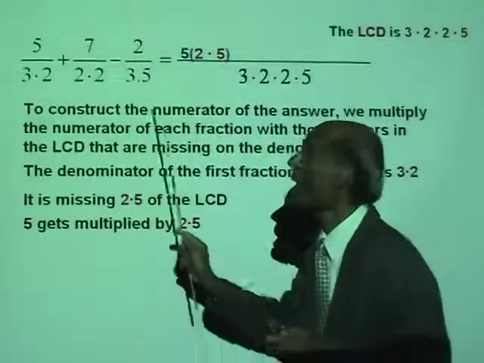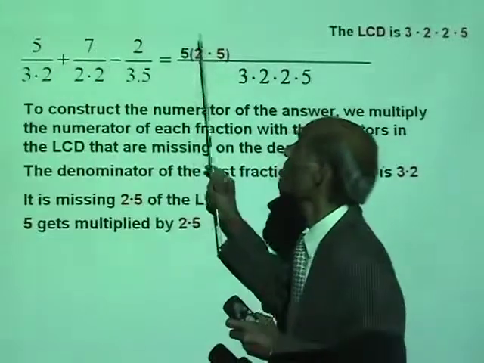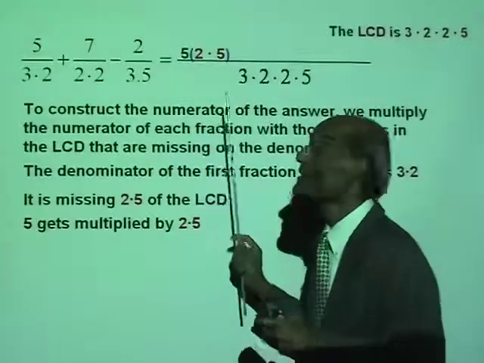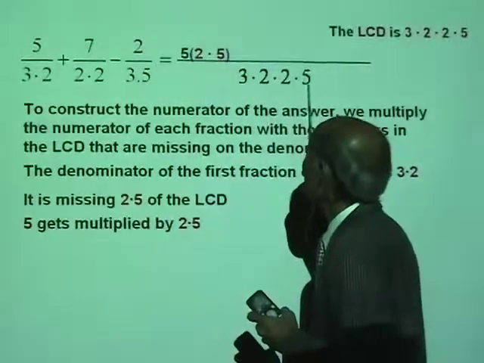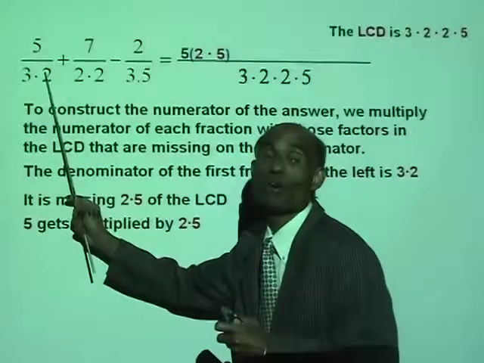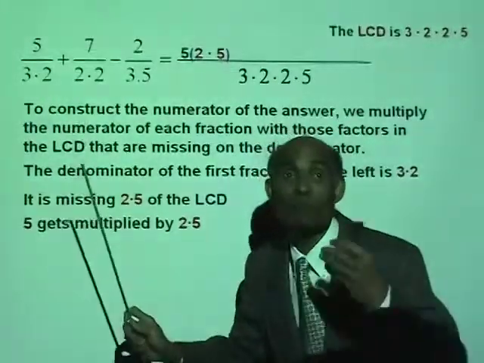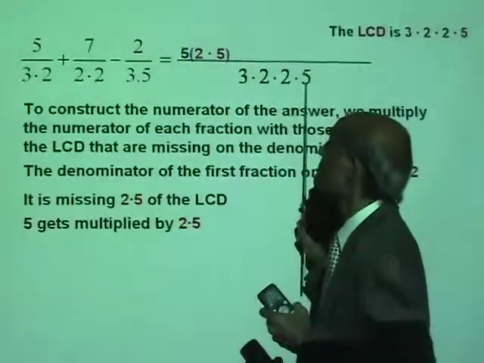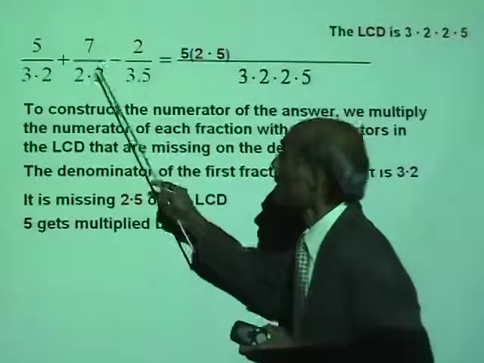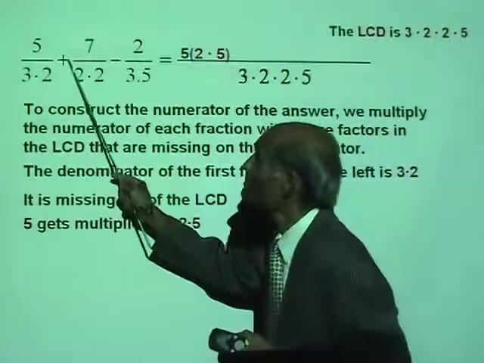You understand why? Yes? Because if you divide the LCD by this number, what you get are the missing factors 2 times 5, and that is what you multiply there. Alright, follow that up with this plus sign.